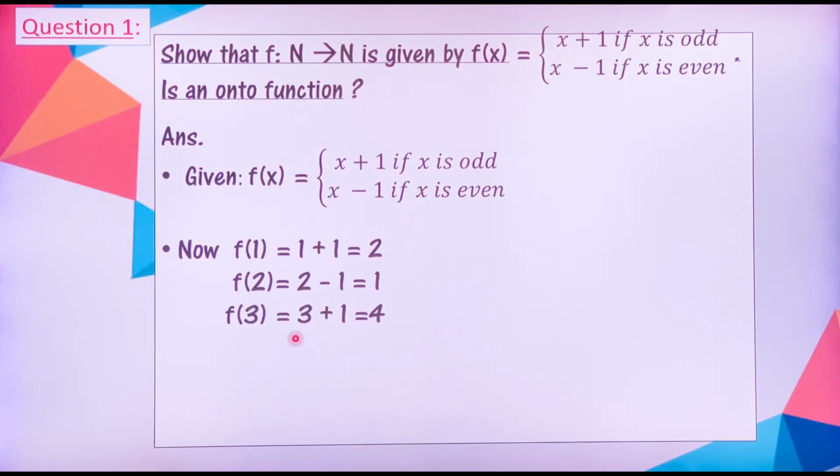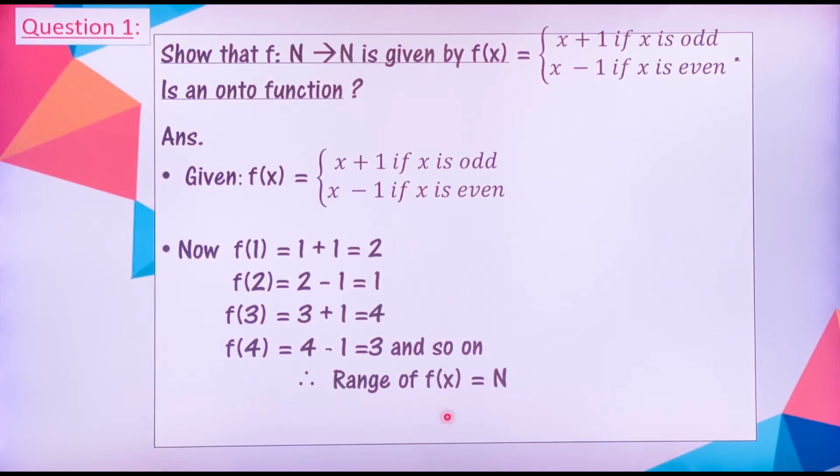Similarly, we get f(3) is equal to 3 plus 1 is equal to 4. f(4) is equal to 4 minus 1 is equal to 3, and so on. Now we get range of f(x) is equal to N. Also given that codomain is equal to N. Since range is equal to codomain, f(x) is onto.